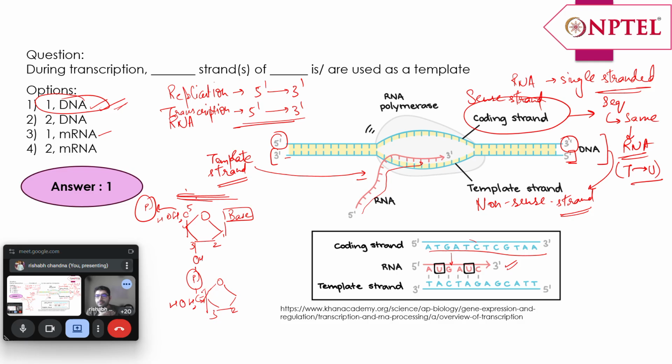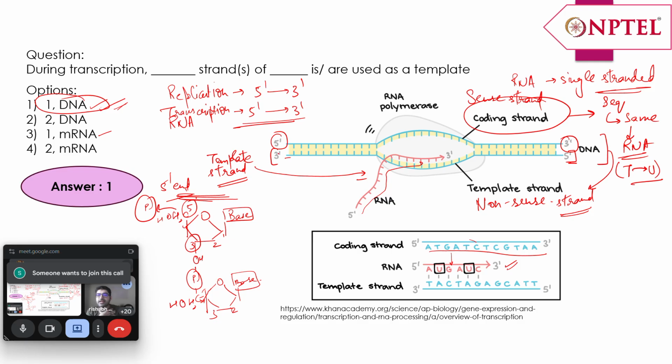And this is the base. So this 3' and 5' are given on the basis of the sugar present here. This particular nucleotide has its 5' end free. That means the end of the strand that has the 5' end free is called the 5' end.